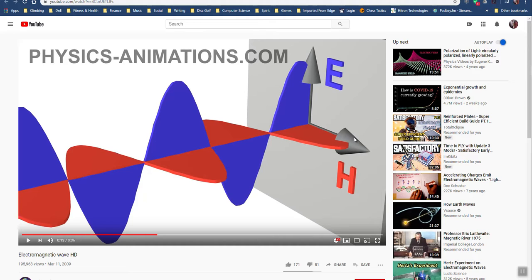Now it's on the positive x side, and the magnetic field is on the positive y side. So if we were just to look at a point on this surface where the plane wave intersects this plane, we'll see that the electric field is oscillating up and down like this, just like it did for our simple harmonic motion.